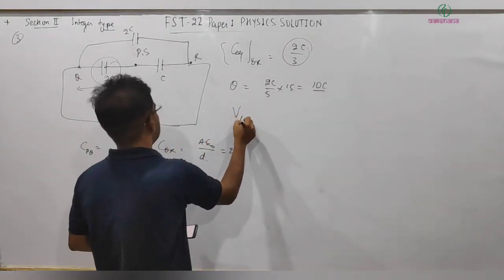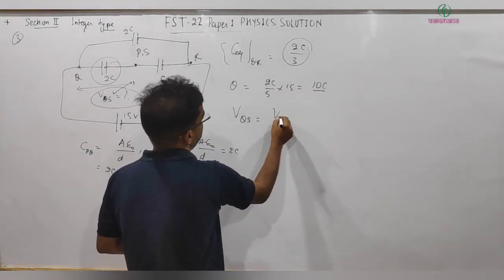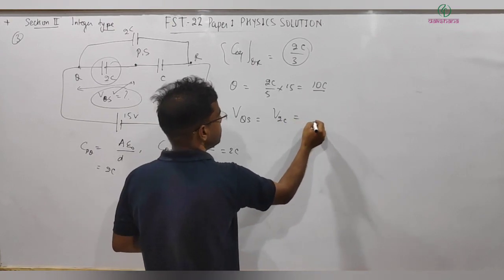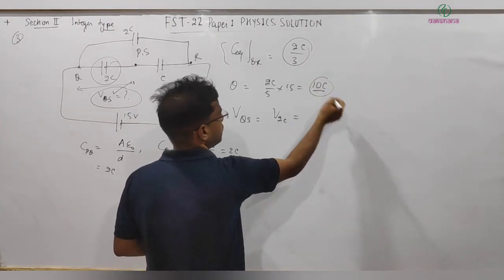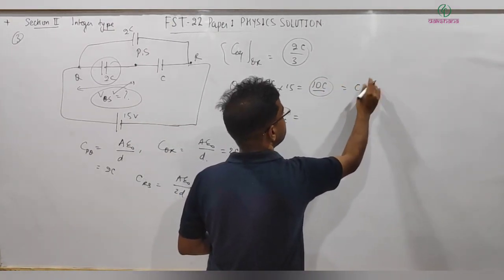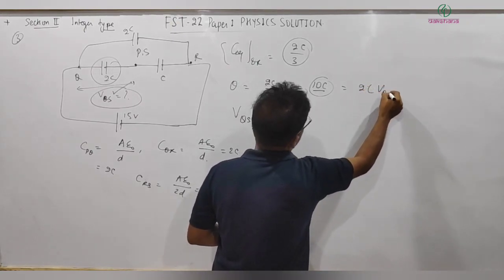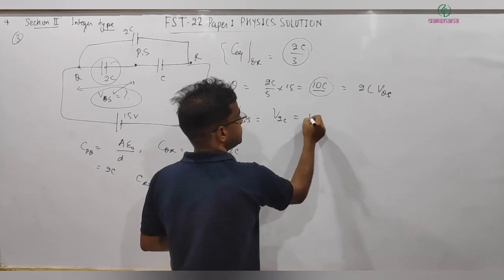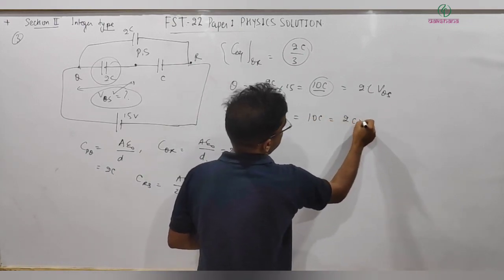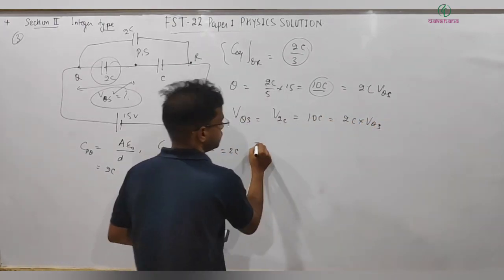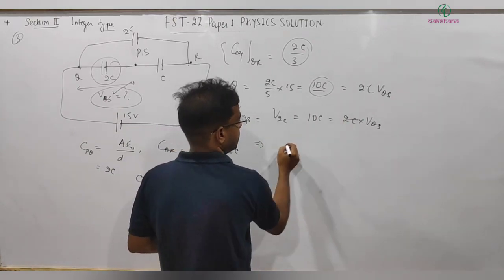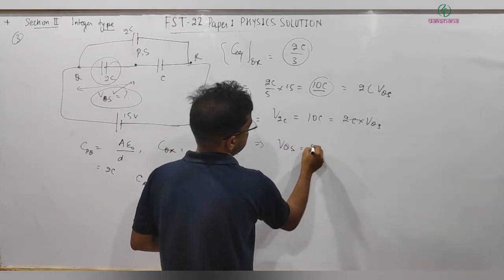So VQS is equal to V across 2C, and Q equals C into V. So 10C is equal to 2C into VQS. Solving, we simply get VQS is equal to 5 volt.